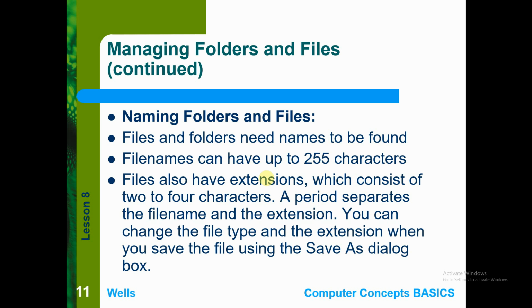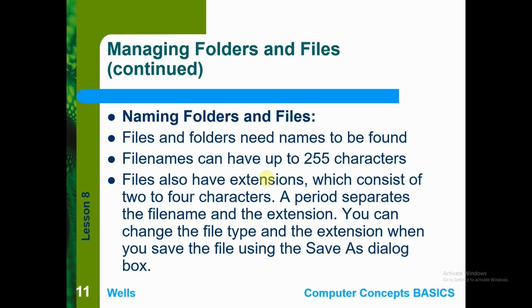You will see .doc, .xls for Excel files, .mp3 or .mp4 for videos, and also .ppt for PowerPoint, .pdf for Adobe PDF files. Those are called your file extensions. So a period separates the file name and the extension.